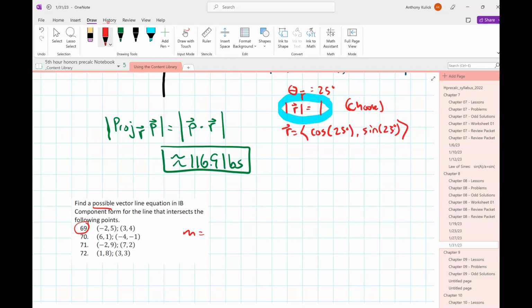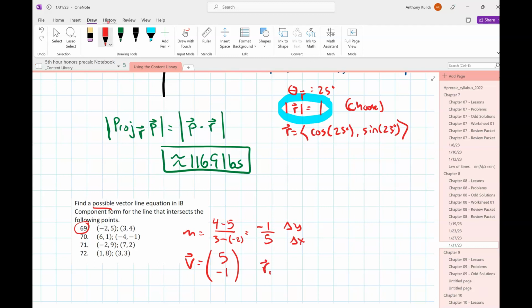So I'll start by calculating the slope. 4 minus 5 over 3 minus negative 2. So that's negative 1/5. So my slope vector, which we use the letter V to represent, is going to be 5, negative 1. Remember, because this is change in Y over change in X.